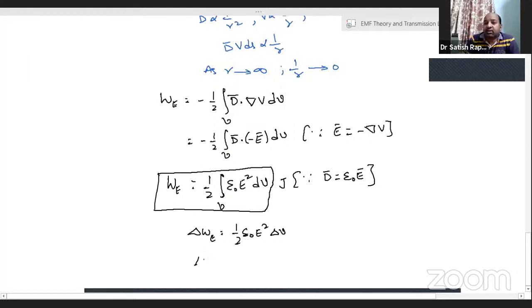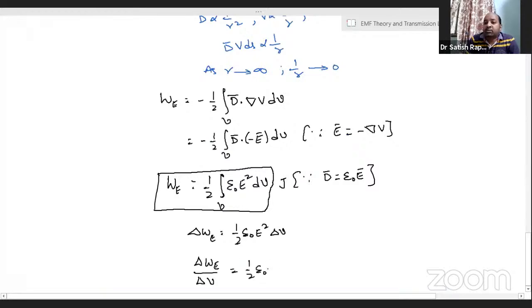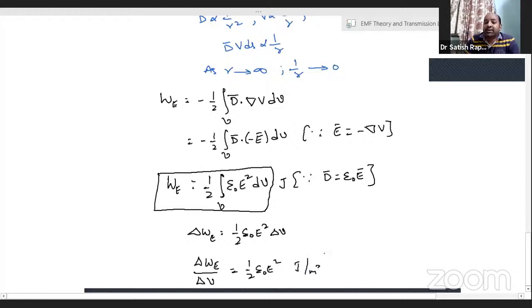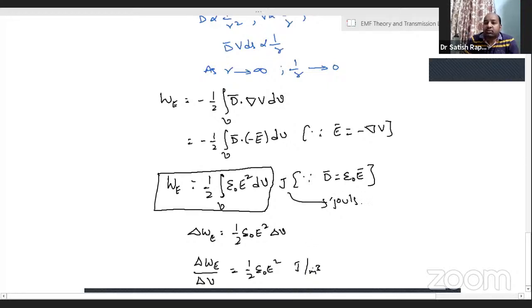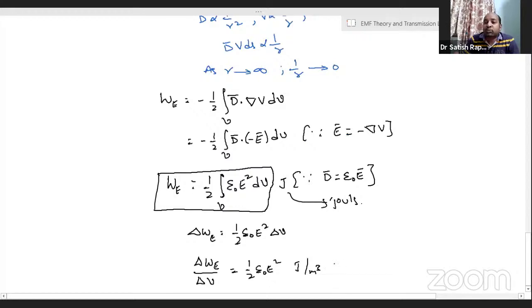So therefore delta We by delta v is equal to half epsilon naught E square joules per meter cube, right? This is joules, whereas this one is joules per meter cube.